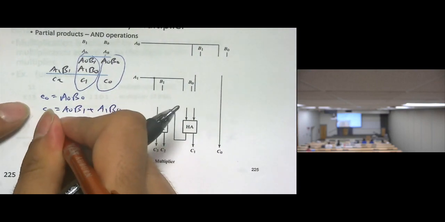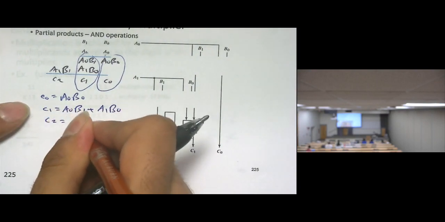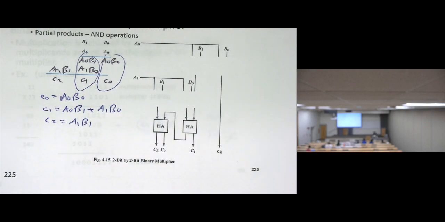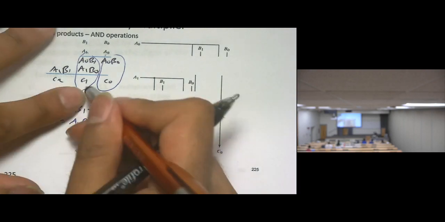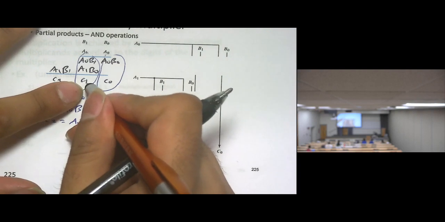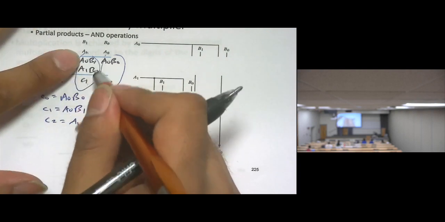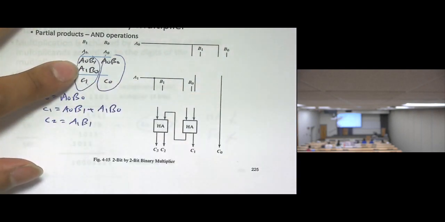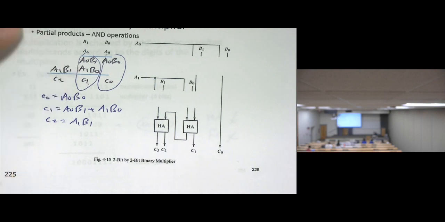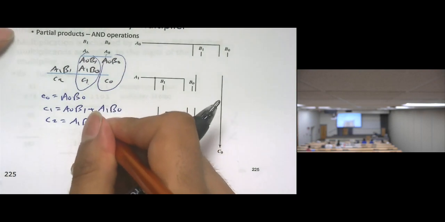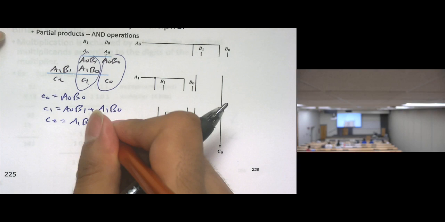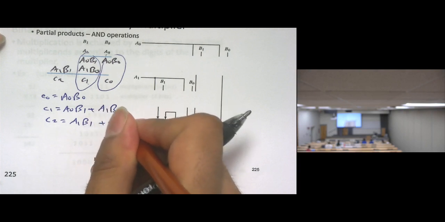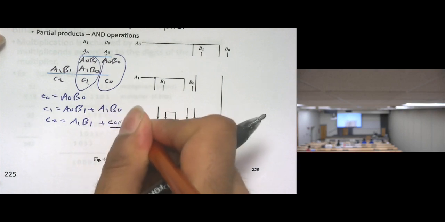Then C3 equals A1, B1, right? And there's something else. When I add A0 plus B0, do you think there might be a carry out? There might be a carry out. So plus the carry bits, right?